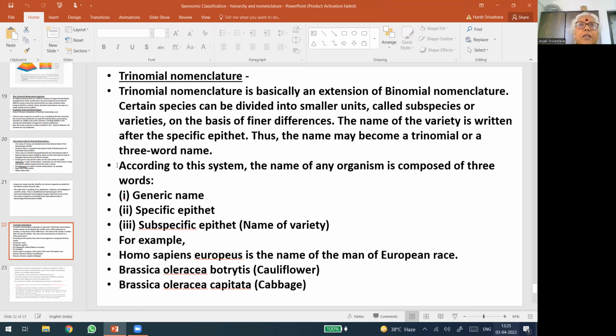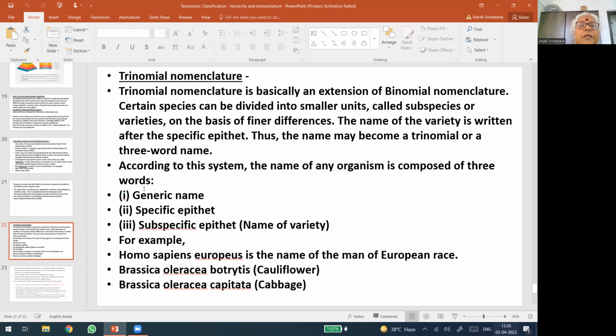That is, the species have now been further divided into subspecies, and like that. So, based on the identification of subspecies, a trinomial nomenclature system has also now been studied.